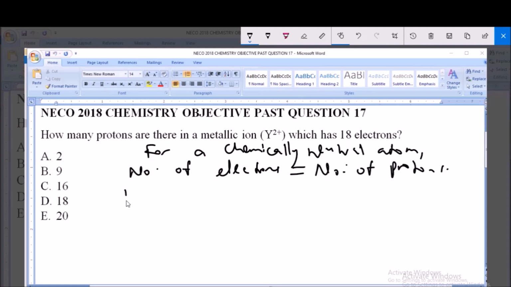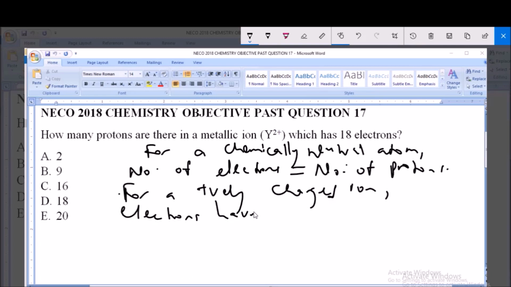Okay. However, for a positively charged ion, electrons have been lost. So for a positively charged metallic ion like this one, Y2+, some electrons have actually been lost.